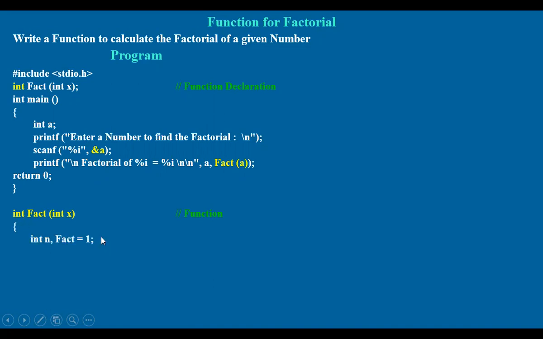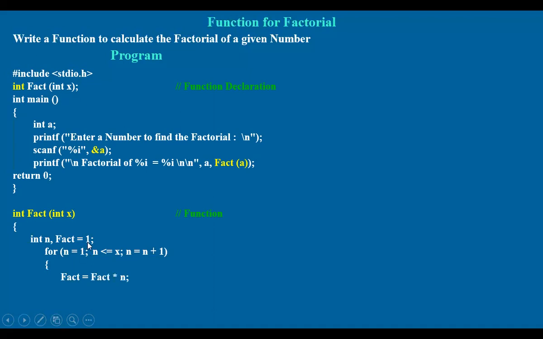Now, here we have taken another two variables. One is fact that is initialized with 1. Now, this for loop is used to calculate the factorial. It runs x number of times, from 1 to x, every time incremented by 1. Now, fact is equal to fact into n.